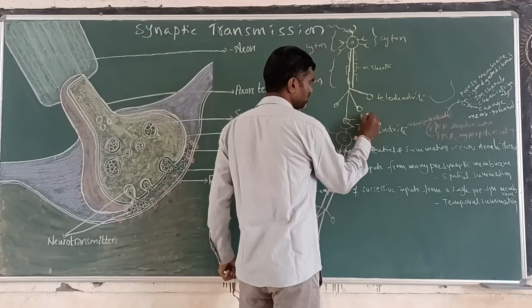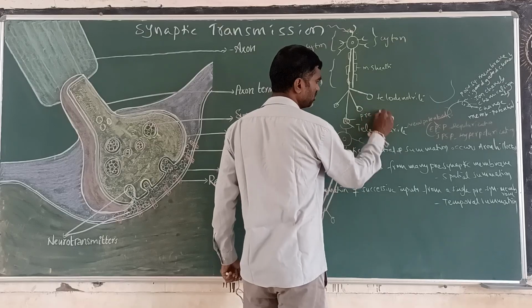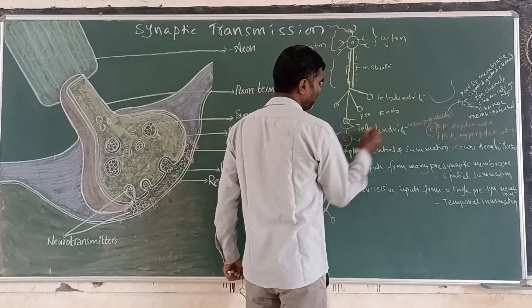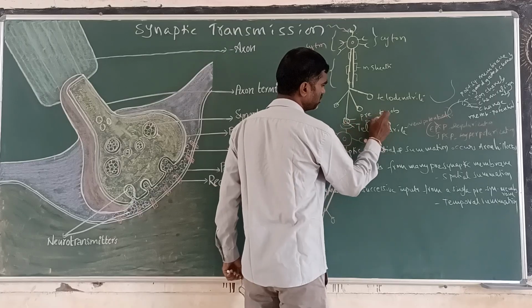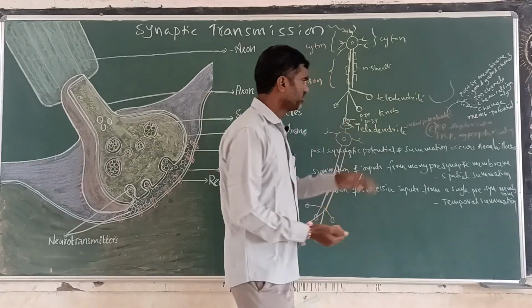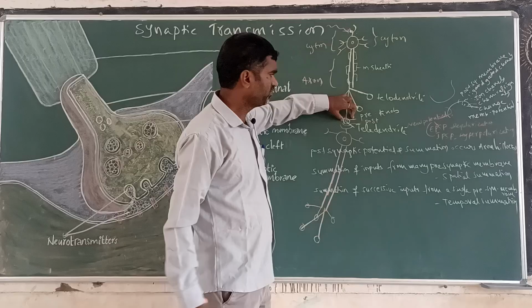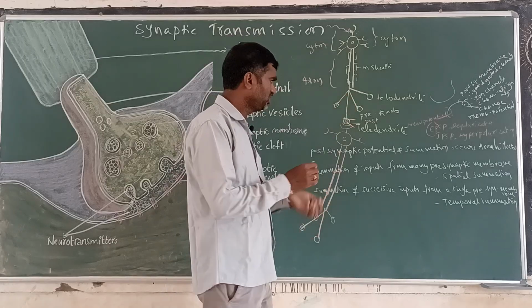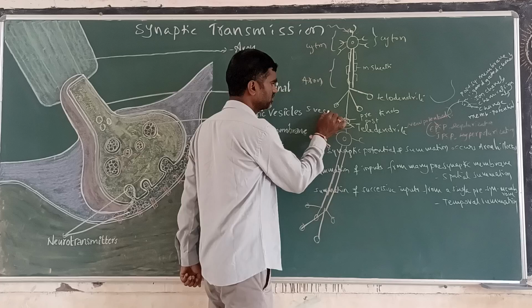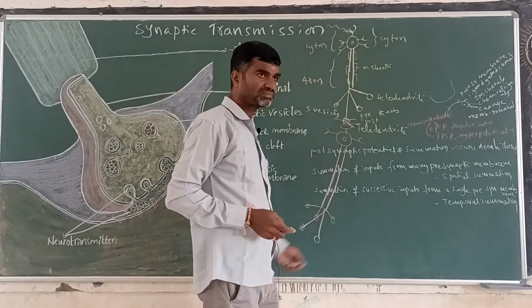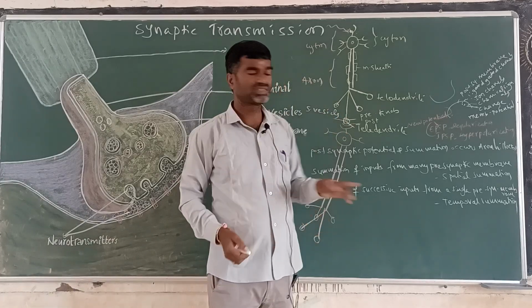This is called the presynaptic knob, and this is the postsynaptic knob. The button-like structures are forming here. The synaptic knob contains synaptic vesicles.